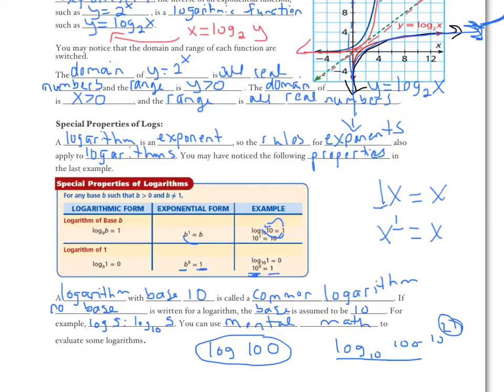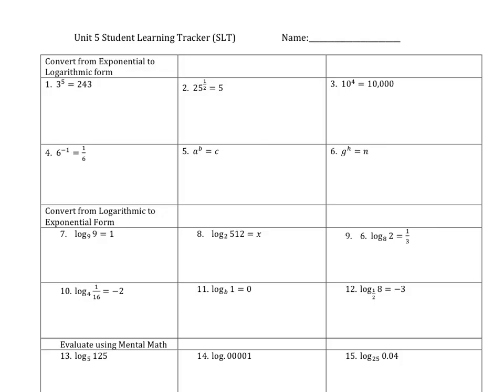Let's look at some examples. If we're going to convert from exponential to logarithmic, we have a log, our base is 3, our value is 243, and our exponent is 5. For number 2, we have the log, our base is 25, our value is 5, and we're equal to our exponent, which is 1/2. Go ahead and pause the video and do problems 4 and 5.